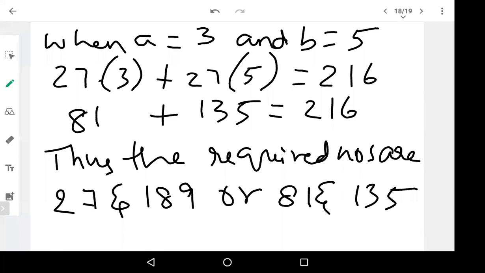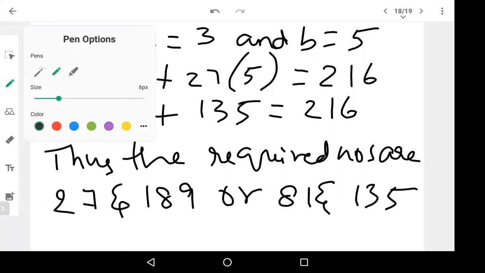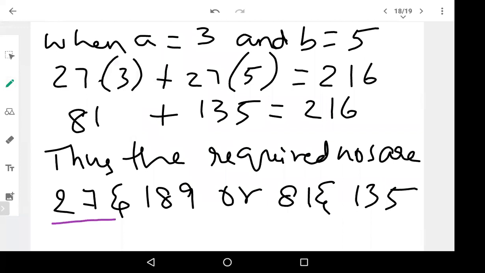But when you multiply or divide and add and do anything, you should get back to the same numbers that are given in the question. That is very important. If you don't get those numbers, then it is not the answer. In this problem, we have got 2 answers. The numbers may be 27 and 189, that is A and B, or the numbers may be 81 and 135. Clear?